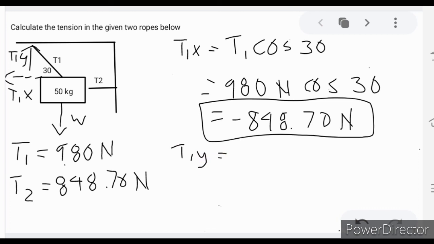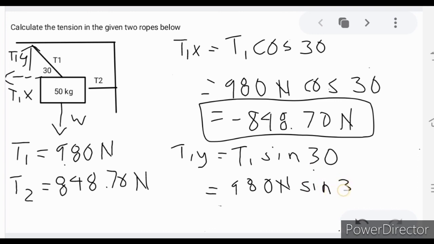Now, let's compute the value of Ty sub 1, which is T1 sine 30. Substitute the value: 980 Newton sine 30, which is equal to 490 Newton.